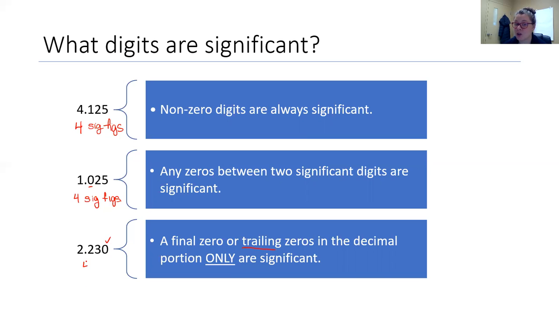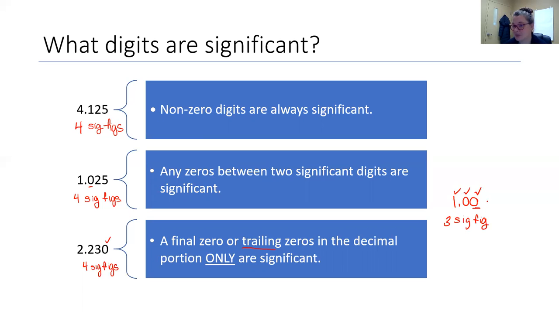So this one also has 4 sig figs. I'm not sure why I picked numbers that all have 4 sig figs, but we'll get to some that don't. Another example of a 0 that would count would be, let's say I have 1.00. This 0 is at the end. It's a trailing 0 in a decimal, so it counts, and because it counts, everything in between does. So this one and this one. So this would be 3 sig figs.